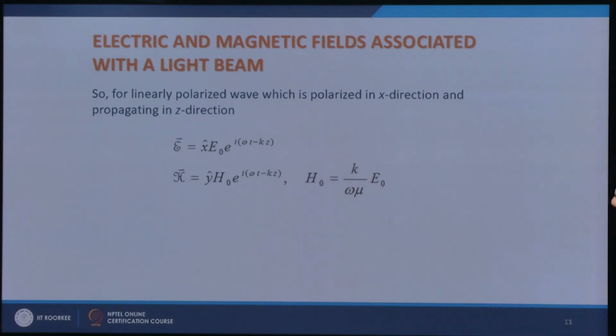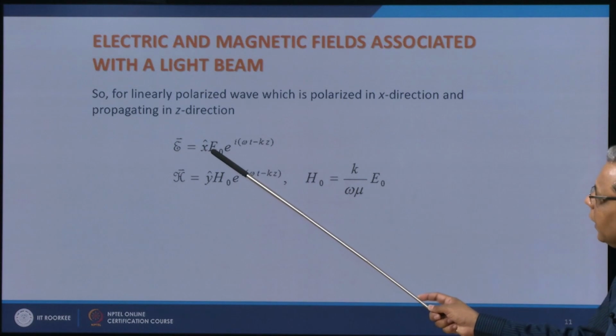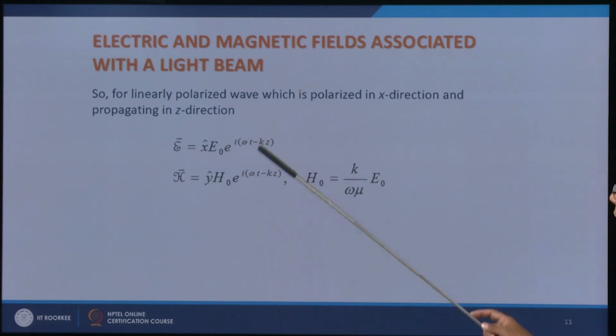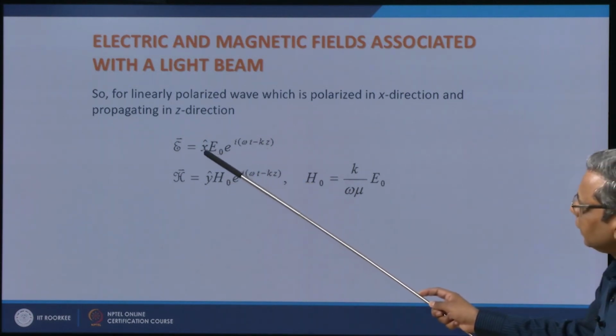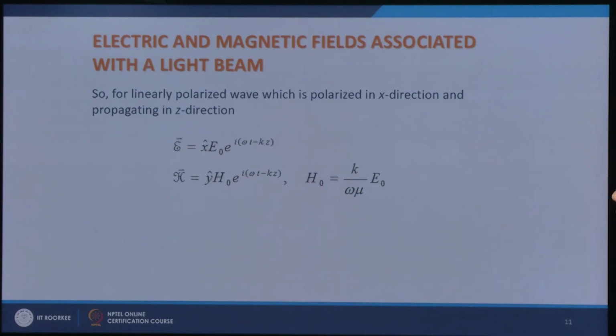It is the same equation as in the previous slide. I have just generalized it. Instead of putting E0x, I have now put E0 and x cap. Then the corresponding magnetic field would be in y direction. So, it would be y cap H0 e to the power i(omega t minus kz), and the amplitude of H would be related to the amplitude of E by this relation.